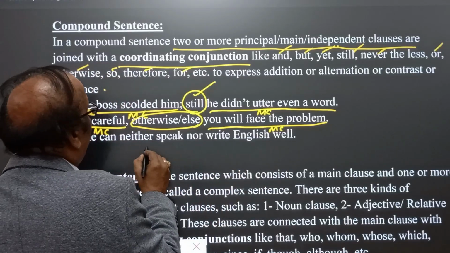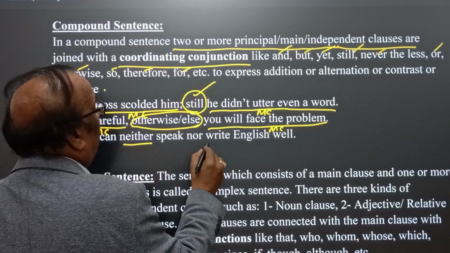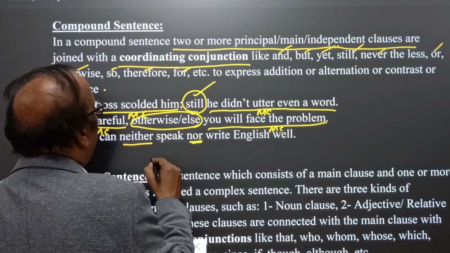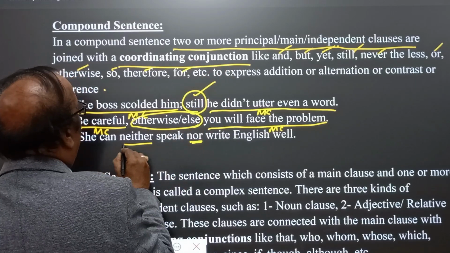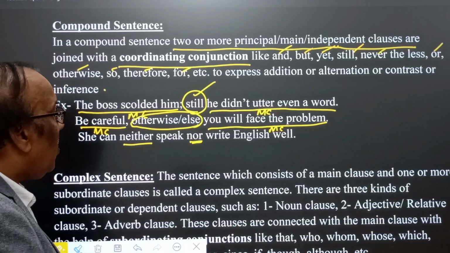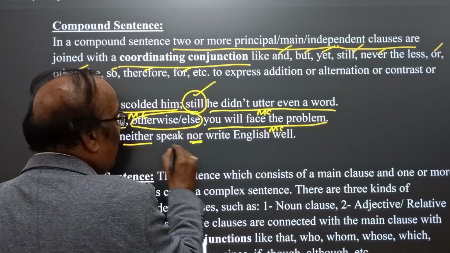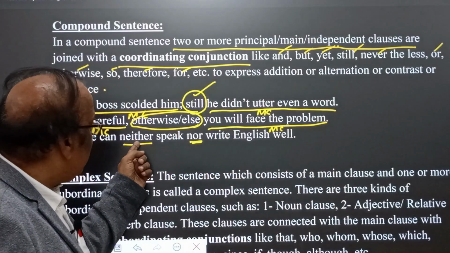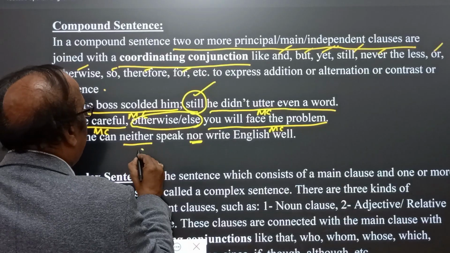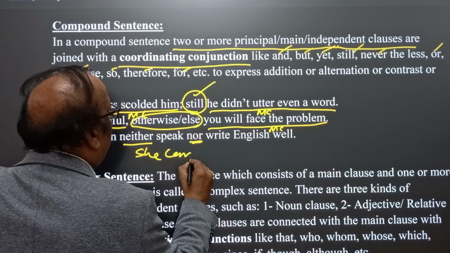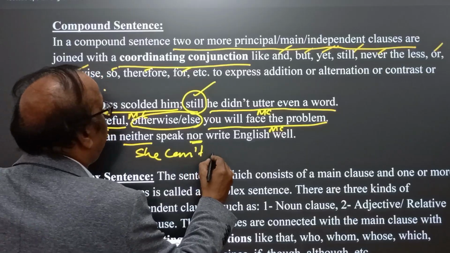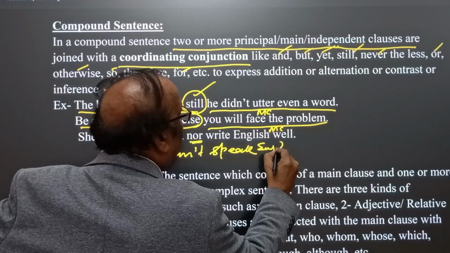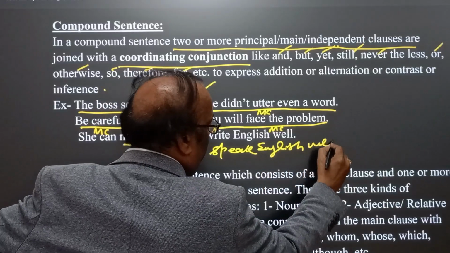She can neither speak, and here we find nor. Neither nor is the coordinating conjunction. Here we find two sentences. This is a compound sentence, and if we break this sentence, we can find: she can't speak English well.